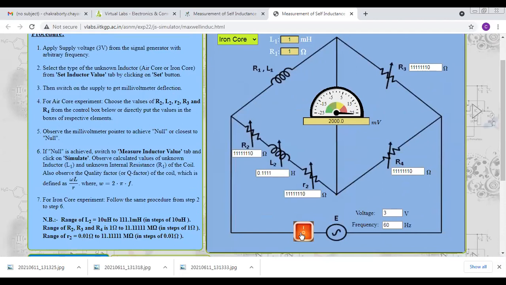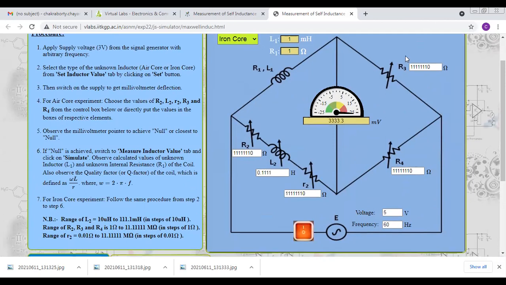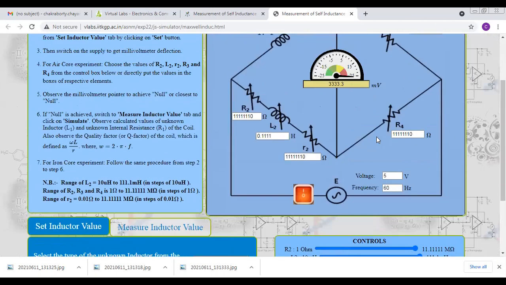Then I switch it off, and I change it again, but it again goes to the initial position. Everything goes to the highest position, and I switch on this. Now I control this one by one.